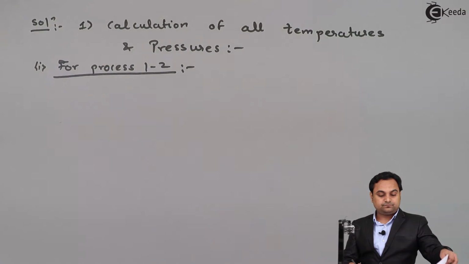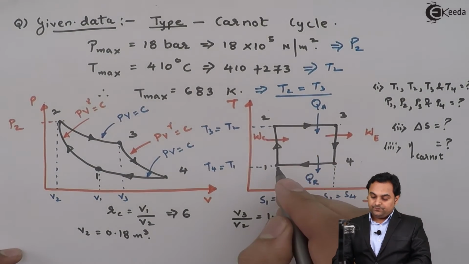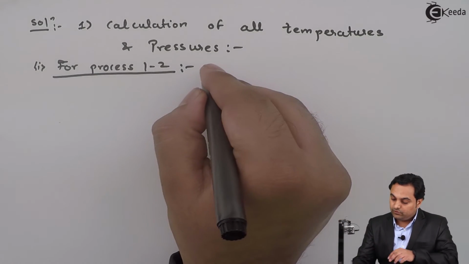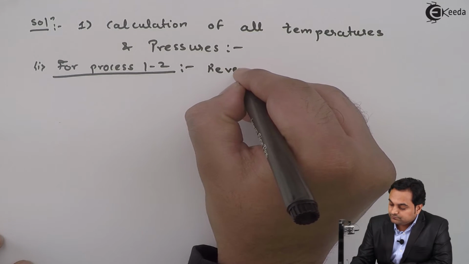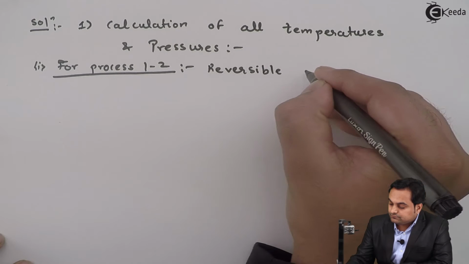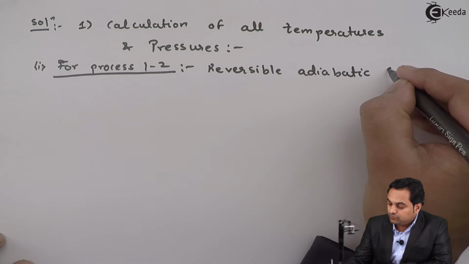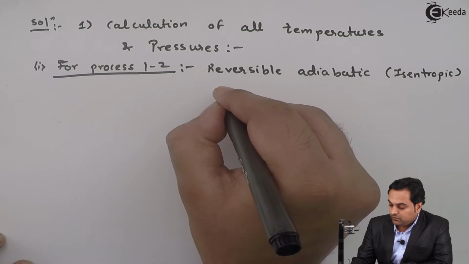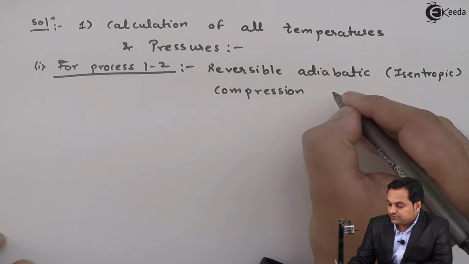Now as we see here, process 1 to 2 is an isentropic compression process. So I'll write down for process 1 to 2, that is the reversible adiabatic, also called isentropic, compression process.